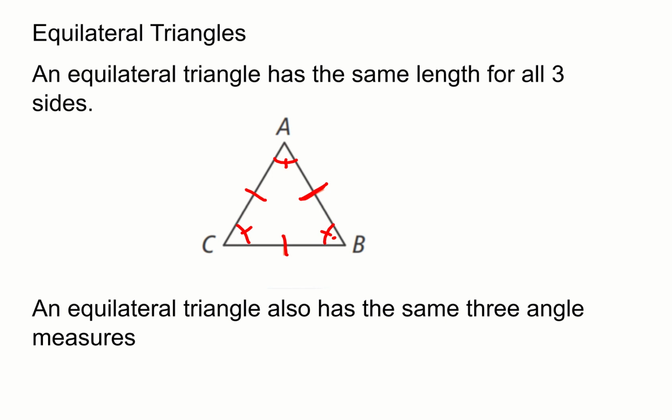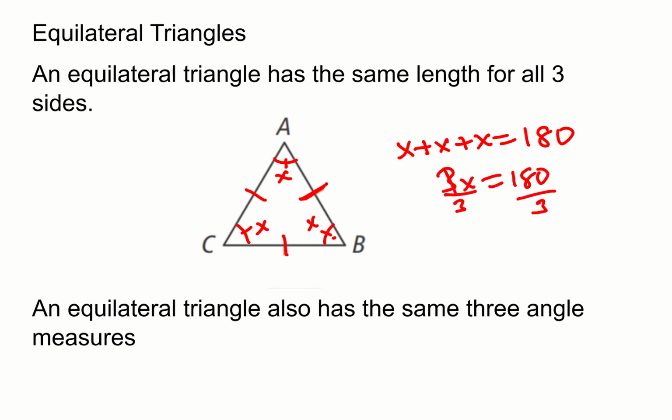And remember that because there are only three angles in a triangle, and they're all the same, let's call them all x. So x plus x plus x has to be 180 degrees. Remember, all the angles in a triangle have to add up to 180. So 3x is 180, which means that if you divide 180 by 3, each angle is going to be 60 degrees.